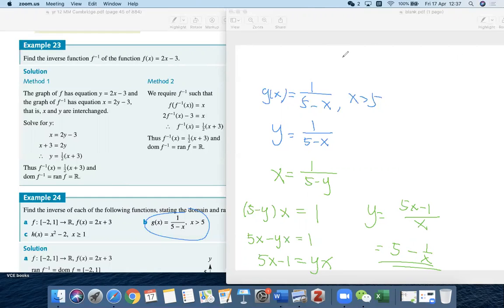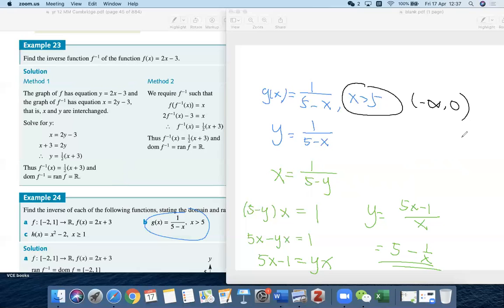But just remember, our original domain is x greater than 5, so our original range is negative infinity to 0.